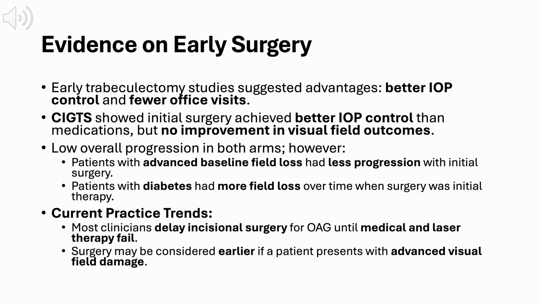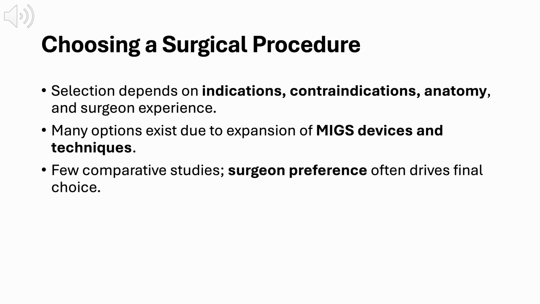Each option comes with its own indications, contraindications, and anatomic requirements, and all of that has to be balanced against the surgeon's own experience and comfort level. The rapid expansion of MIGS devices and techniques has added even more possibilities, which is great for individualized care, but also means the landscape is constantly evolving.